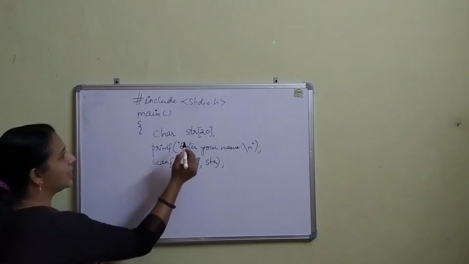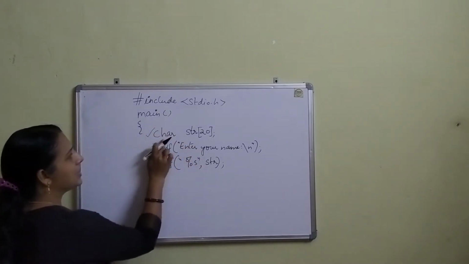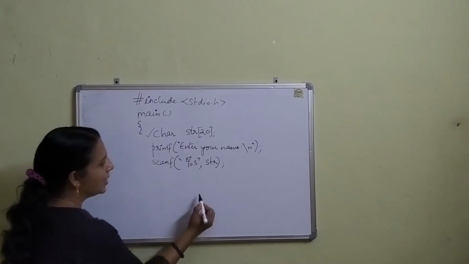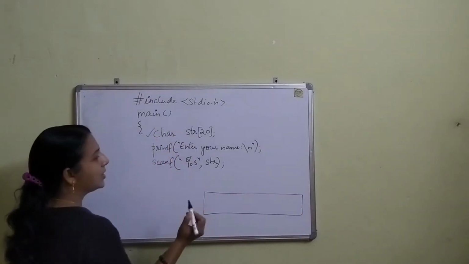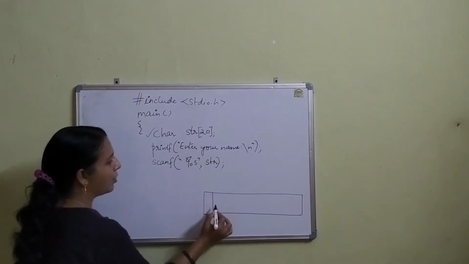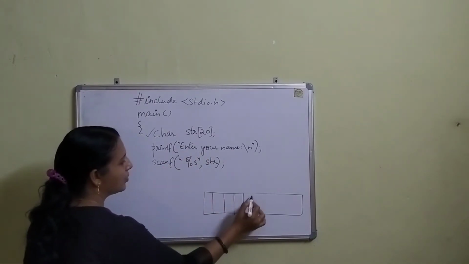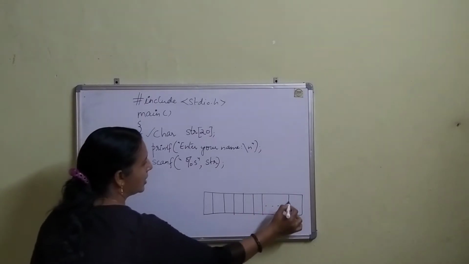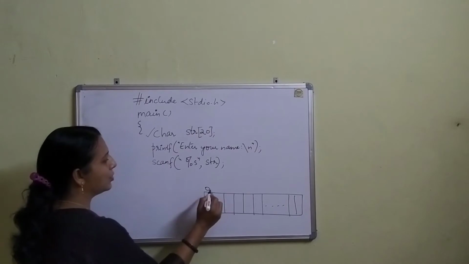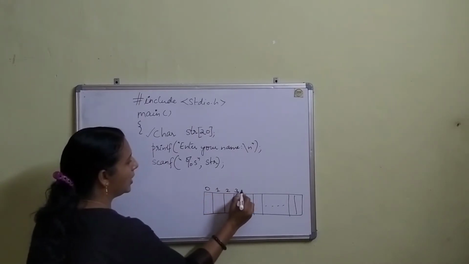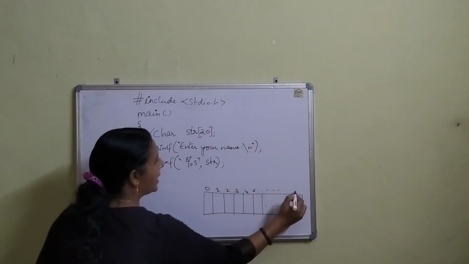So when this statement is executed, what happens? The memory representation is like this. The allocation is happening of size 20, and the indexes start from 0, 1, 2, 3, 4, 5 up to 19.